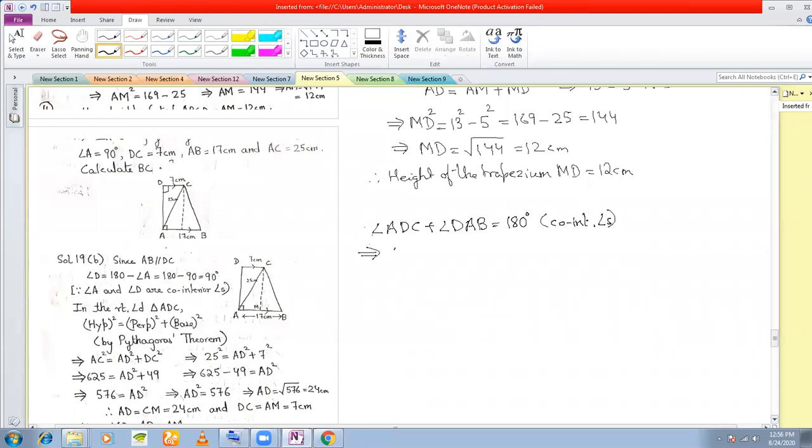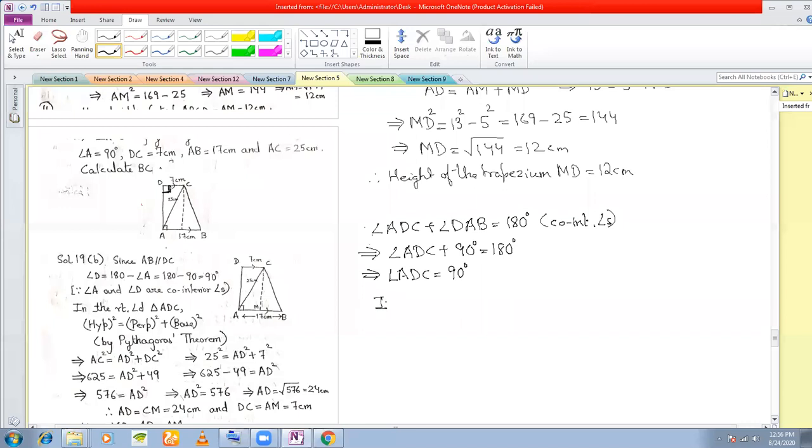So ADC we need to calculate, and DAB we know to be 90 degree. That means angle ADC is 90 degree. Okay, so I've shown that this angle is 90 degree.